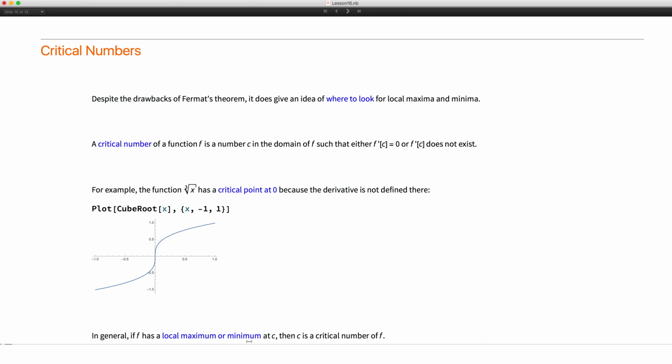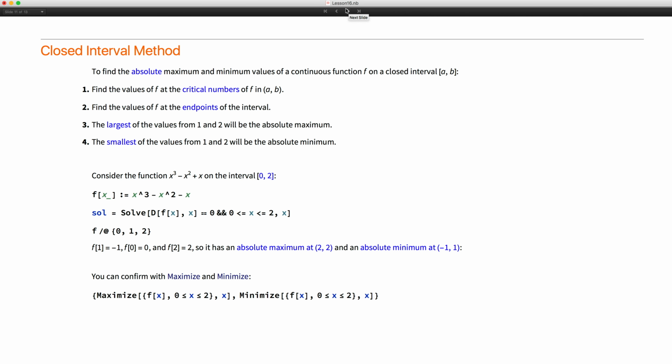So with all that information, we are now ready to put together a method for finding absolute maxima and minima. That's what is called the closed interval method.